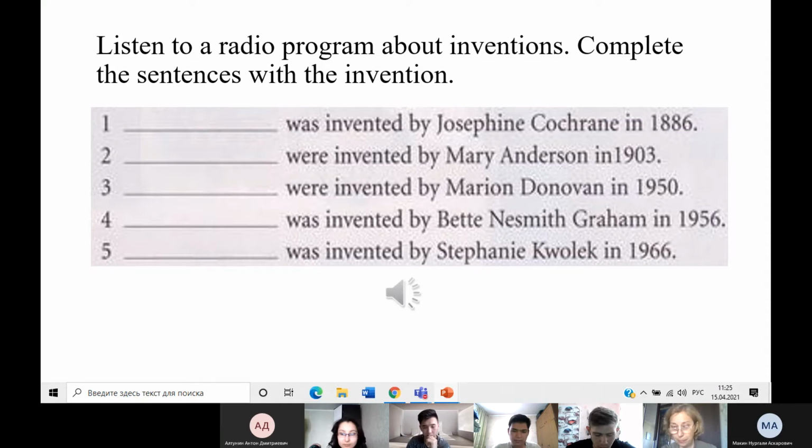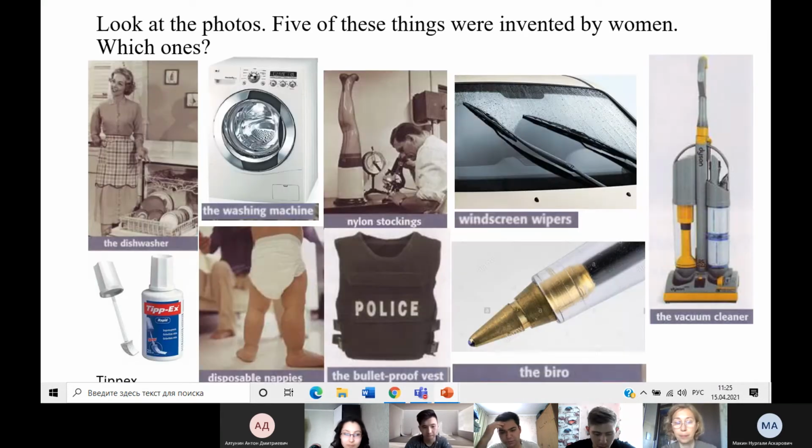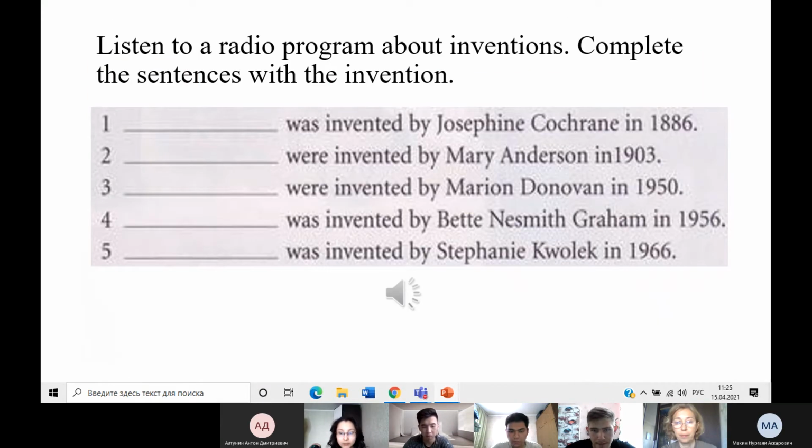Window... Как это? Дворник, еще раз. Windscreen. Windscreen wipers, yes. Were invented by Mary Anderson in 1903. Okay, Daniel. Do you understand sentence number 3?